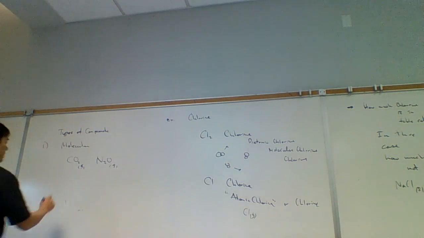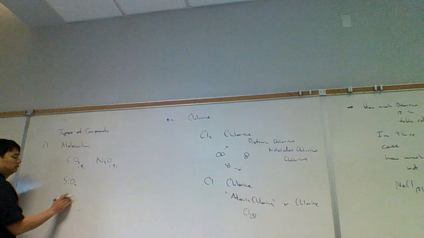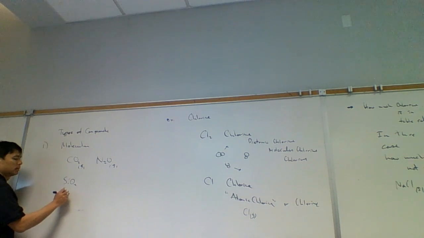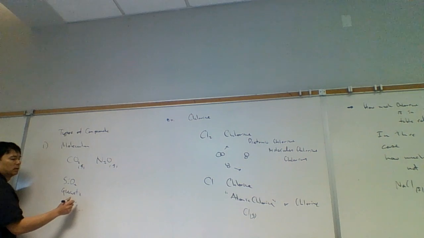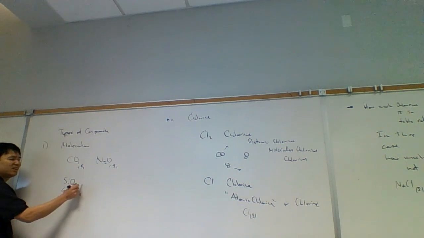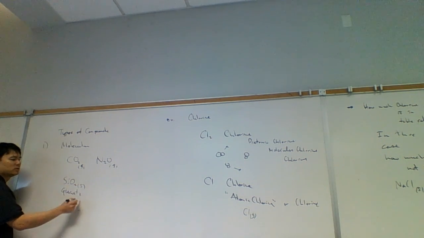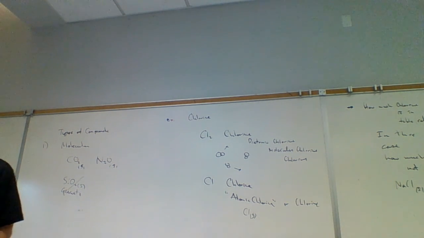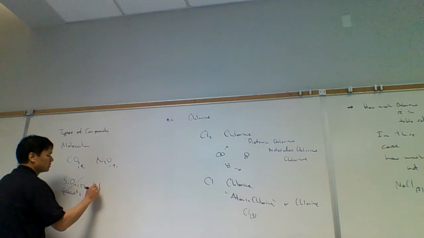But if we go to SiO2, SiO2 is quartz. Is quartz a molecular compound? No. SiO2 is a solid. So sometimes the state can give it away, sometimes it doesn't. Sometimes you know. This is not a molecular compound. So SiO2 is a lattice structure.